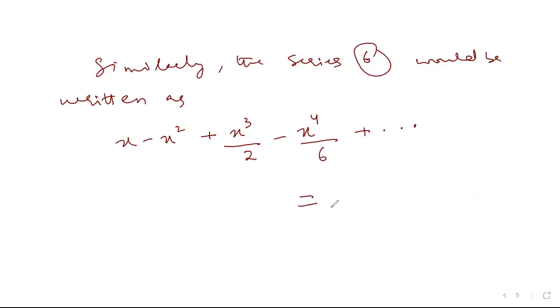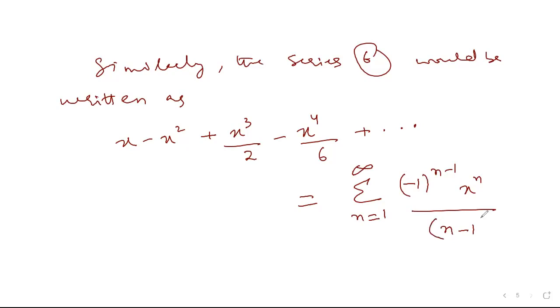We write this in shorter form as summation n is equal to 1 to infinity, then we write the nth term, which is minus 1 raised to n minus 1, x raised to n, over n minus 1 factorial.